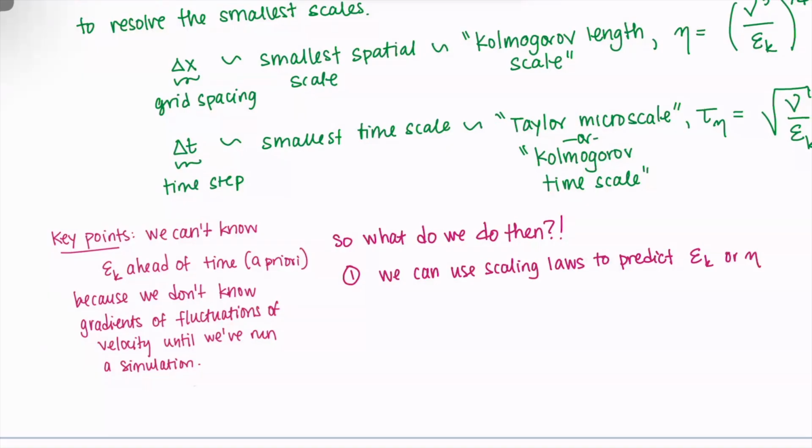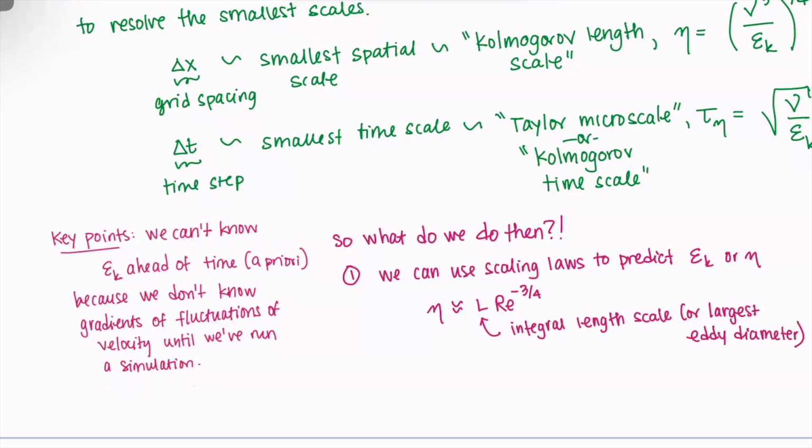And generally, we know that eta is approximately equal to L times the Reynolds number to the minus 3/4, where this L is an integral length scale, or the largest eddy diameter.